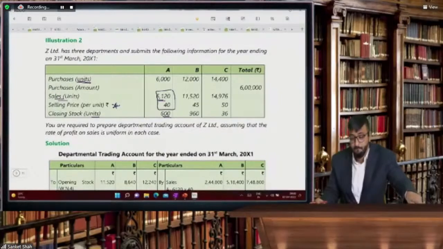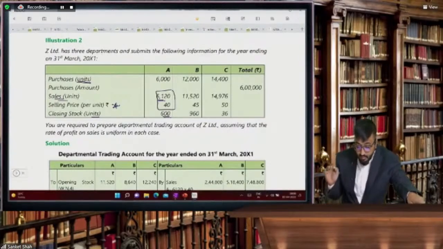Understand, sales into selling price per unit is total sales, and closing stock is 600 units, 960 units, 36 units, and purchase units are 6,000, 12,000, and 14,400. Okay, so understand it.